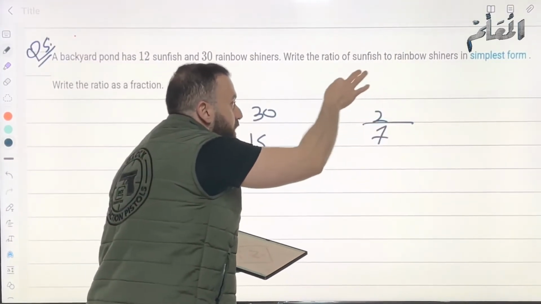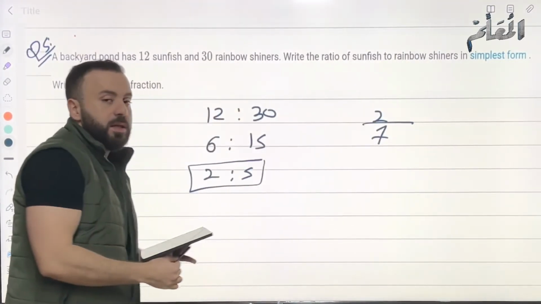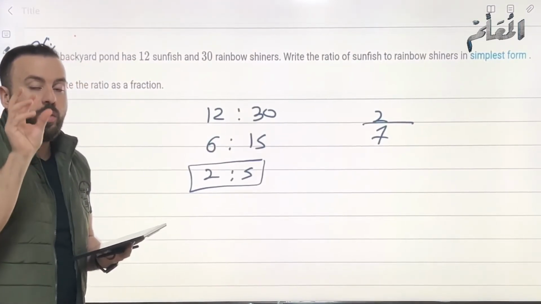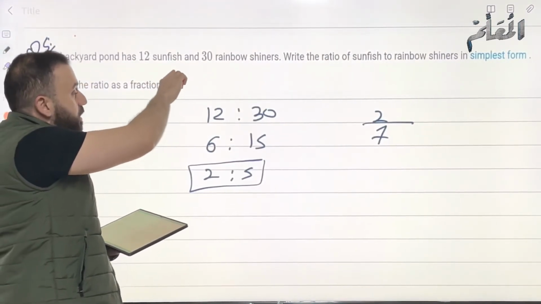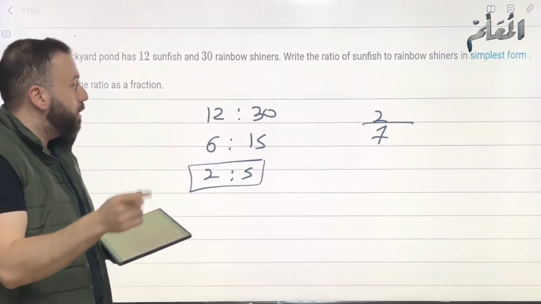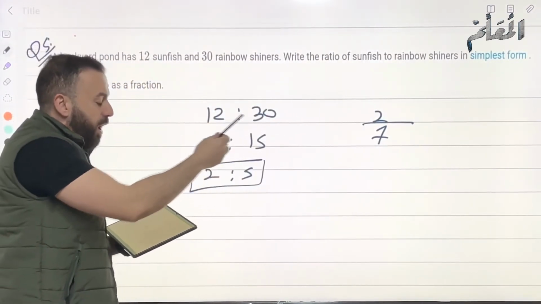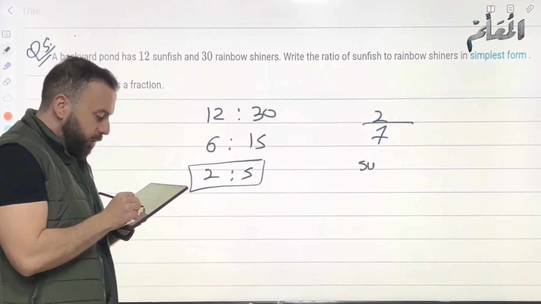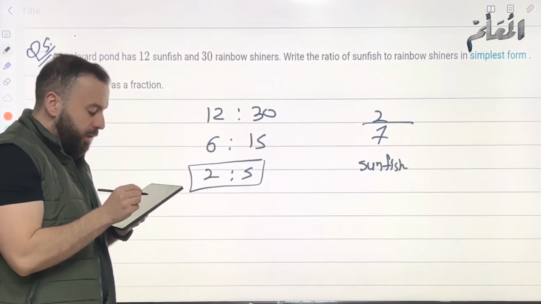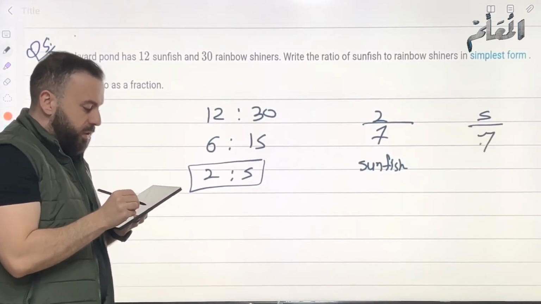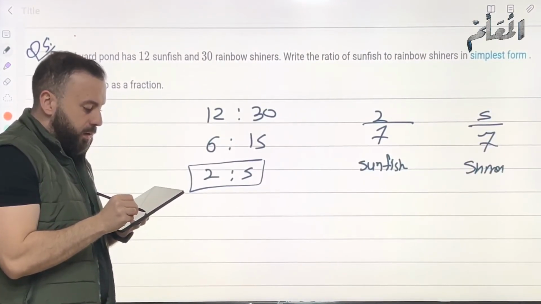So 2 over 7 as a total is the fraction of the sunfish. What about the shiners? It's going to be 5 over 7 for the shiners, right?